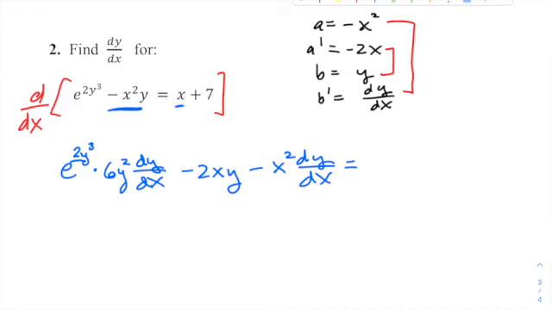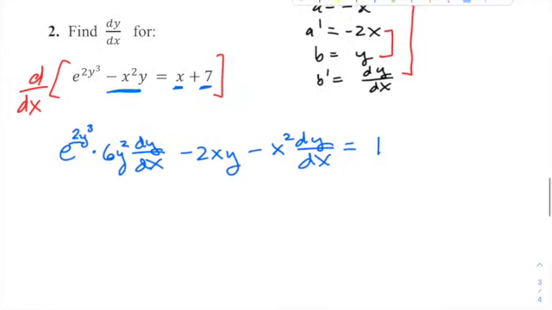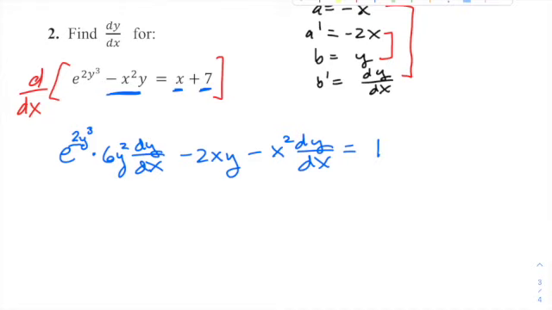And the derivative on the other side, derivative of x, that's an x, so that's normal. That's just 1. Derivative of 7, that's a constant, that drops out. So here we go. We want to solve for dy dx. And so we're going to have a dy dx party. And maybe this right here, I'll clean up a little bit.